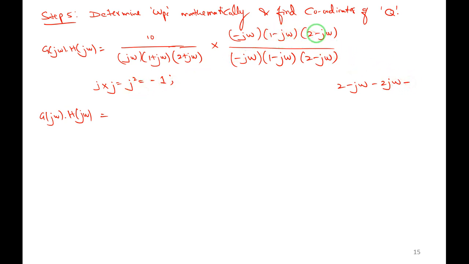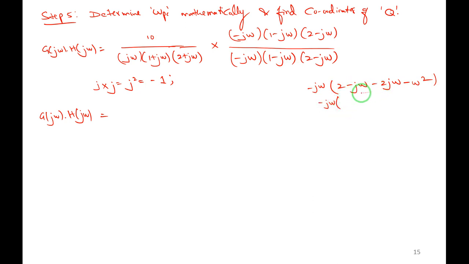So minus into minus it is plus. Omega into omega is omega square. I hope you are getting this after multiplying these two things, right? And I am left with minus j omega, which should be multiplied for this. Okay, fine. Minus j omega, we will keep it.